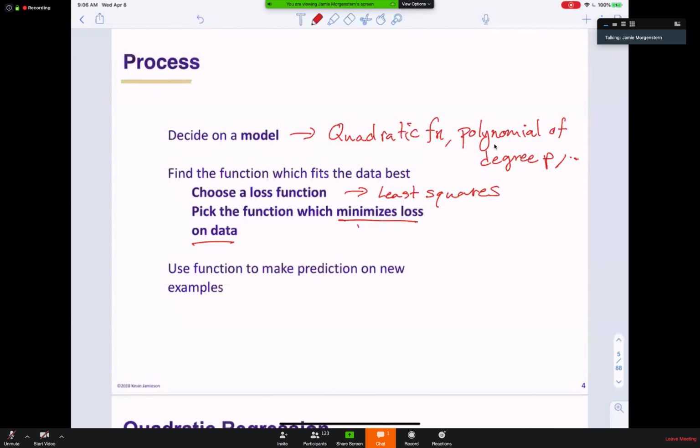There's this nice closed form solution. And we're not going to be talking about precisely what the process to find the function which minimizes loss on data will look like if we're thinking about these more complicated models, quadratic or polynomial, for example.